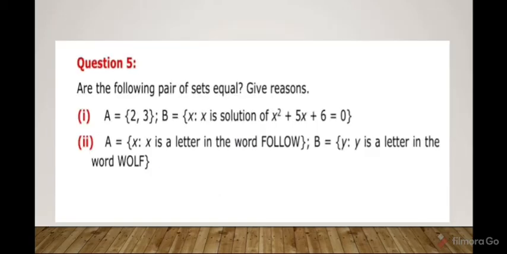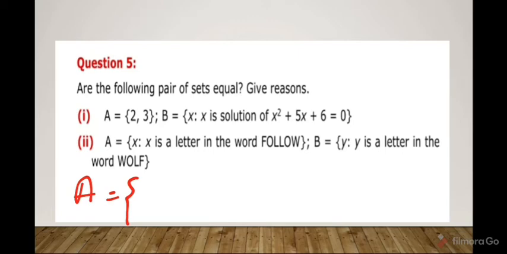Now the next one: A is the collection of the letters in the word follow, and B is the collection of letters in the word wolf. So if you change set A into roster form, A is the collection of letters from the word follow.